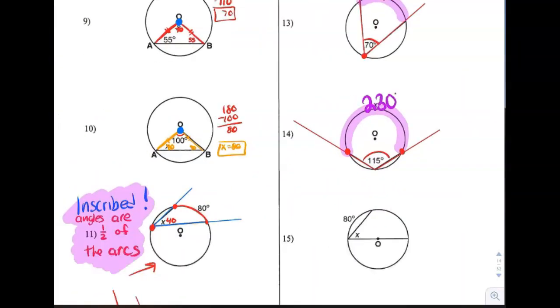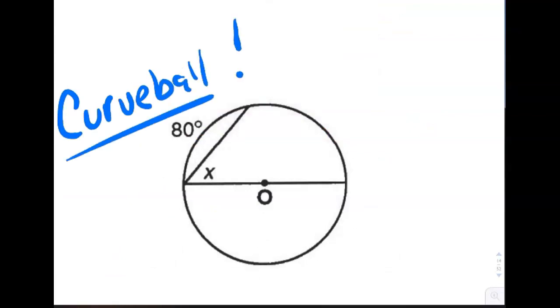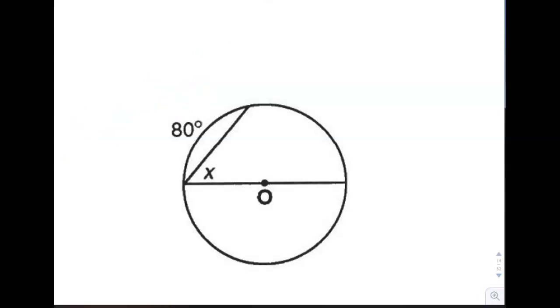Number 15 introduces a little bit of a curveball. The only reason I say that is because they don't give you exactly what you need. Here's an angle, right? Now, there's something hidden in here. This is a diameter, right?